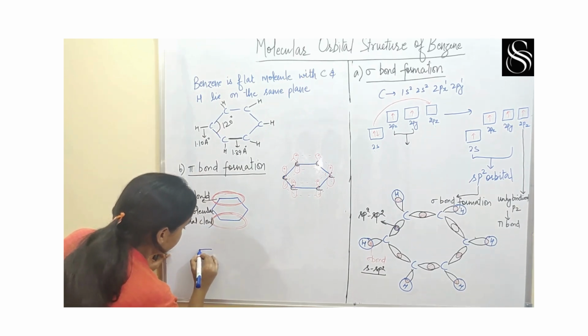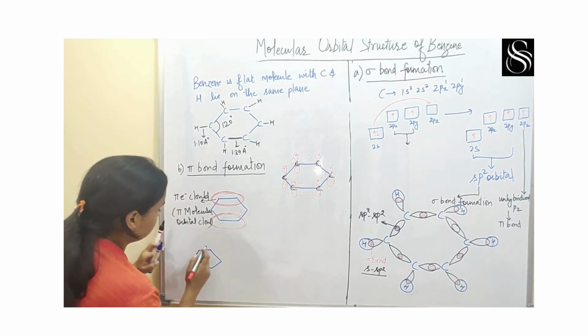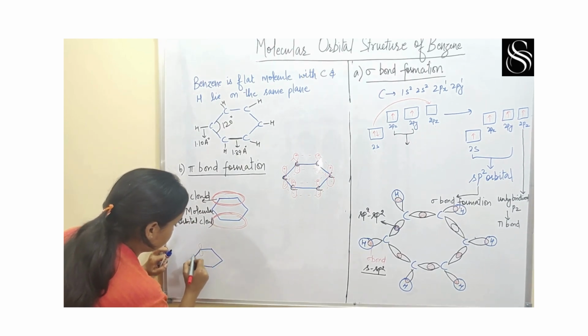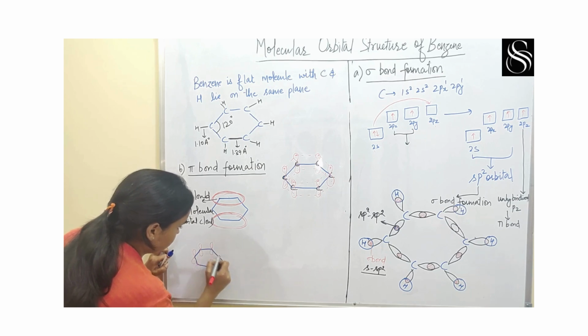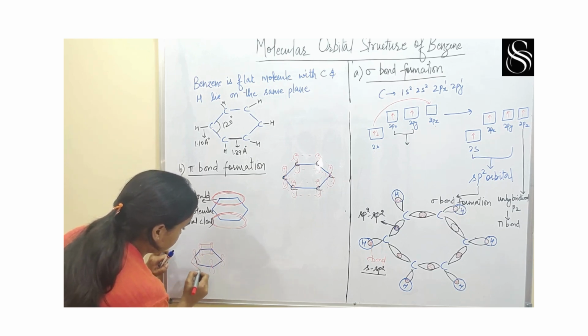The overlapping can be like this. If this is the benzene nucleus, the overlapping can be like this.